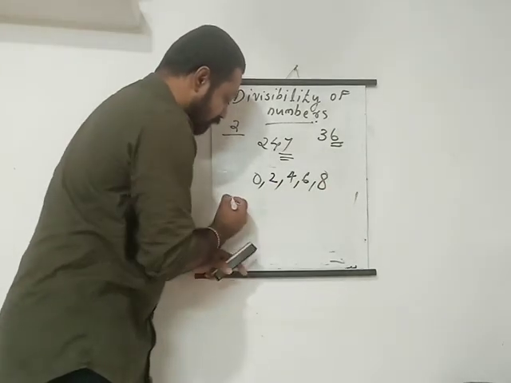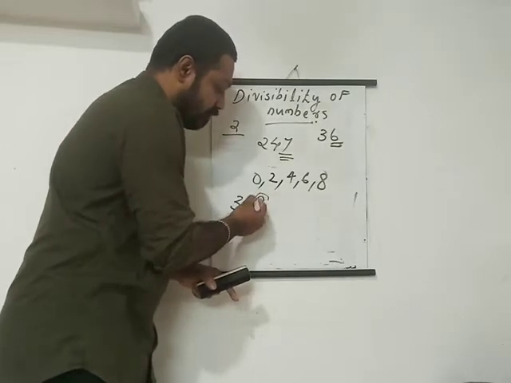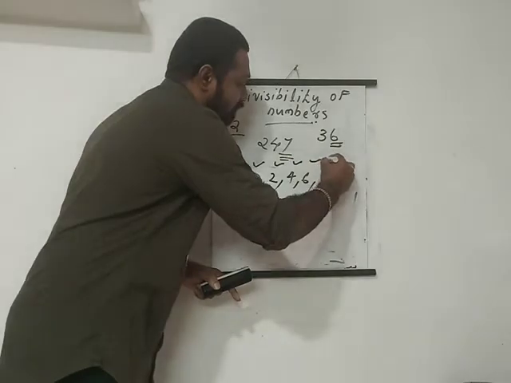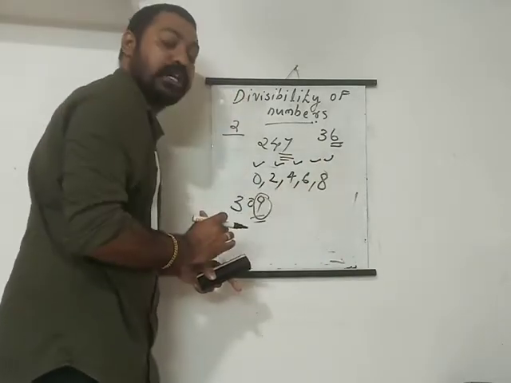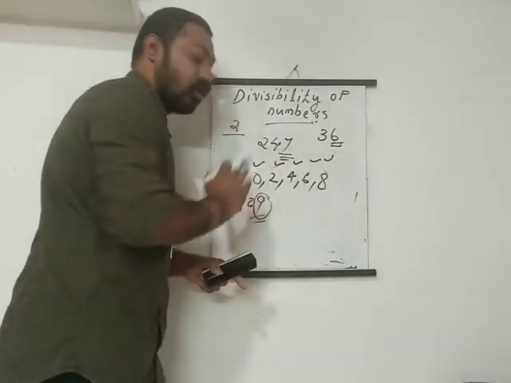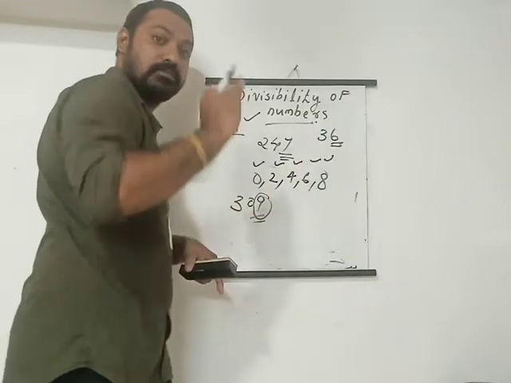If you take another number, 309, it is not divisible by 2 because it ends with 9. Numbers ending with these digits are the even numbers, and they are all divisible by 2.